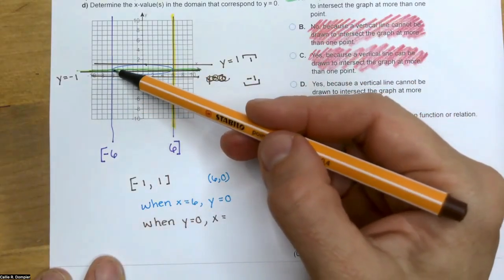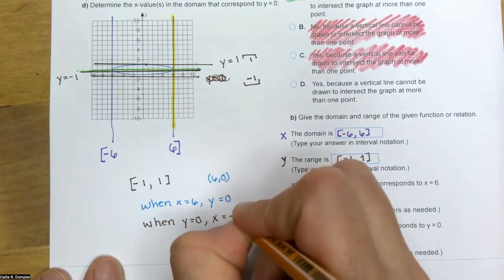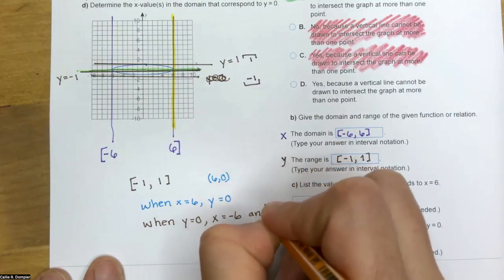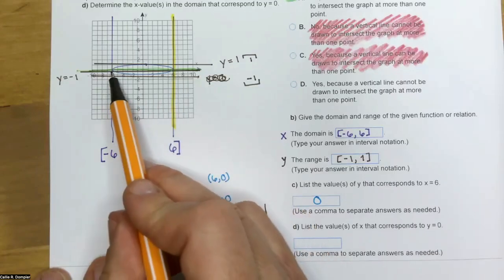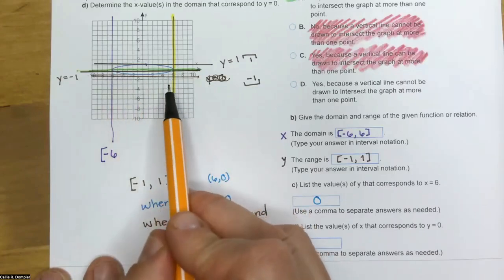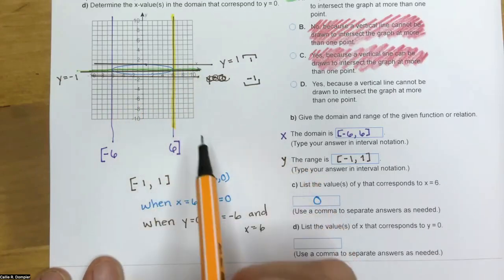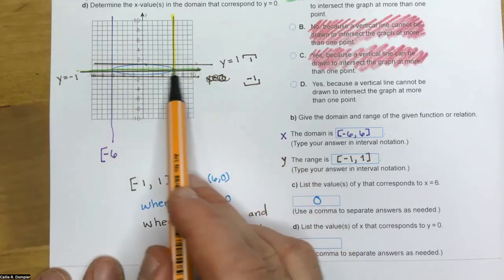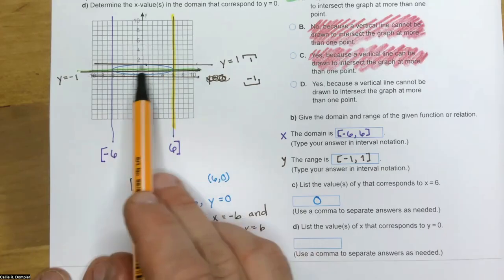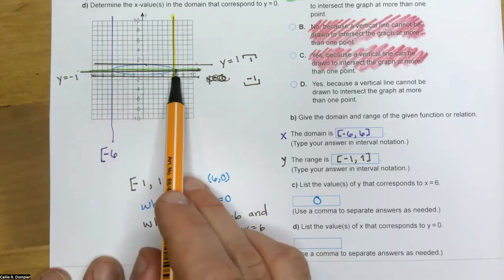When y equals 0, x is -6 and +6. And I just got that from looking at this graph, even though it's really hard to look at because of how much I've drawn all over it. But when y equals 0, that's that whole line. Where does that line cross the relation? At -6 and 6.